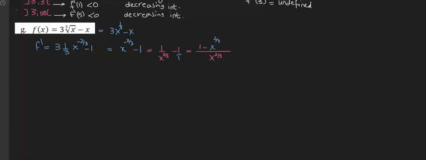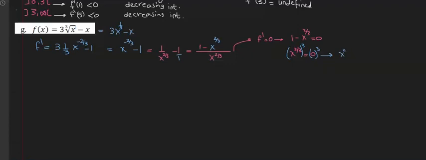Now we have one fraction, so we might go with the denominator alone, and we can solve f dash equal to 0, and in this case we are going to take the numerator, equate it with 0, so take the x to the power 2 over 3 to the other side. Of course, we will apply the power of 3 first to get rid of the radical or the fraction in the power, and therefore we will be left with x squared.